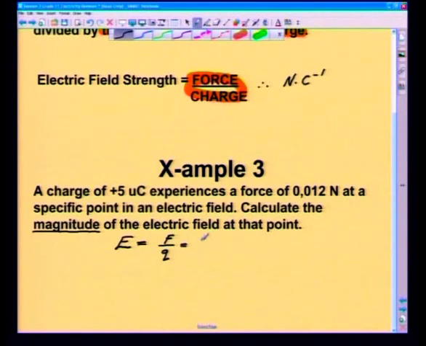We know that the force is 0.012 from what is given to us, divided by the charge. But hey, we are given the charge in microcoulombs. Remember to convert. Micro, you need to convert it into coulombs by multiplying by 10 to the minus 6.